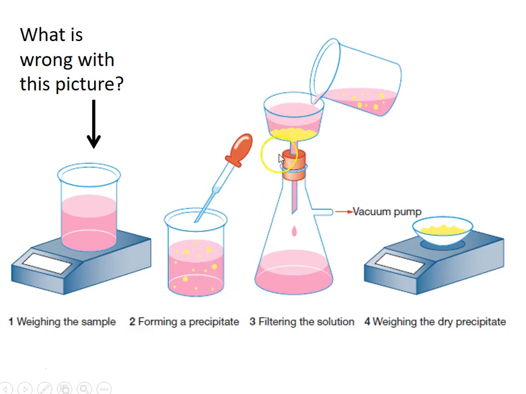Then we filter it through this fancy kind of filter setup and collect the silver chloride. Then we wash everything else off, dry it out, and weigh the silver chloride.